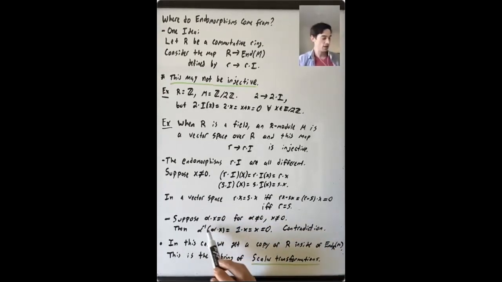We get alpha inverse times alpha x. Well, that is 1 times x. And to be a vector space, you need to be a unital module. Part of being a vector space is that 1 times x equals x for all elements of your vector space. But now we have x, and this must be equal to 0 because clearly alpha inverse times 0 is 0. And this is a contradiction.